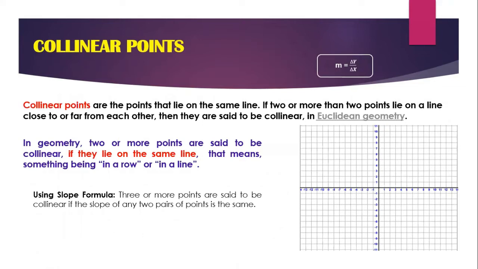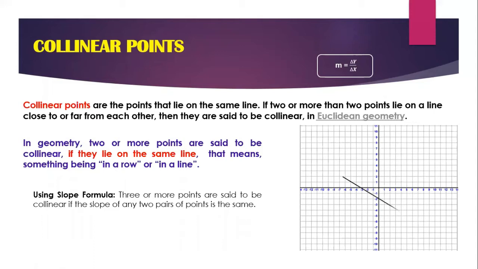Just use the slope formula. Three or more points are said to be collinear if the slope of any two pairs of points is the same.